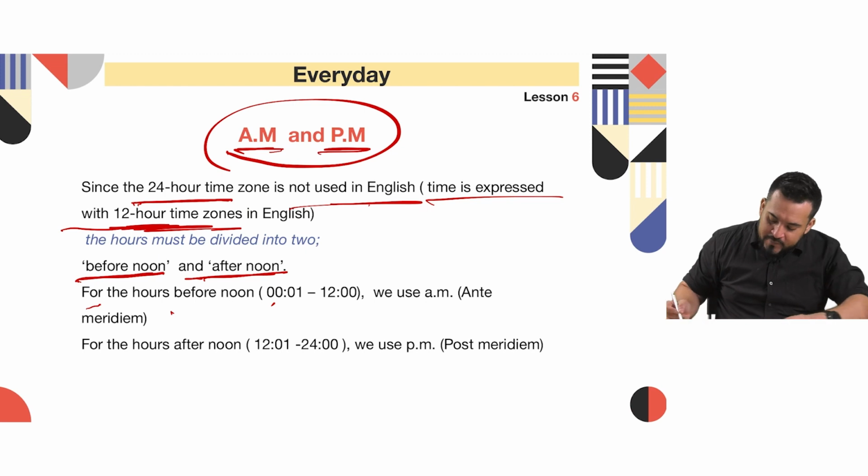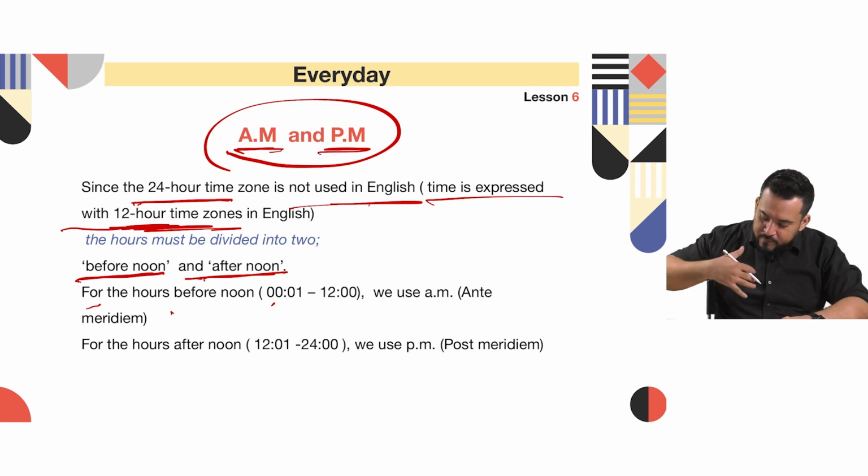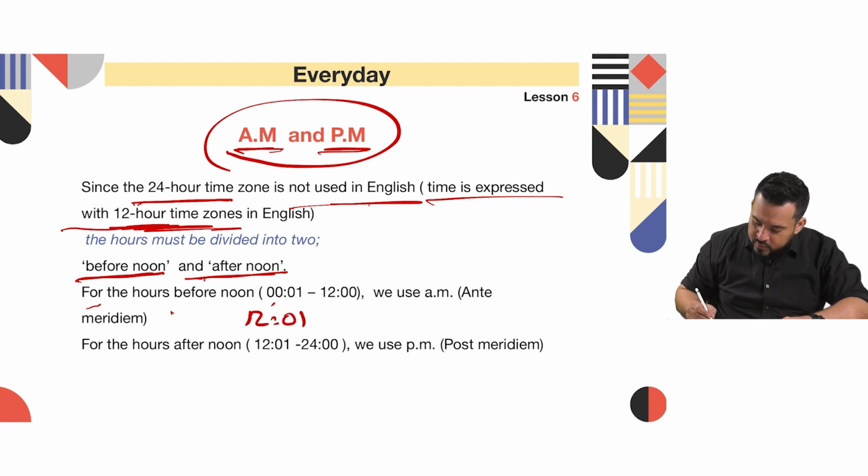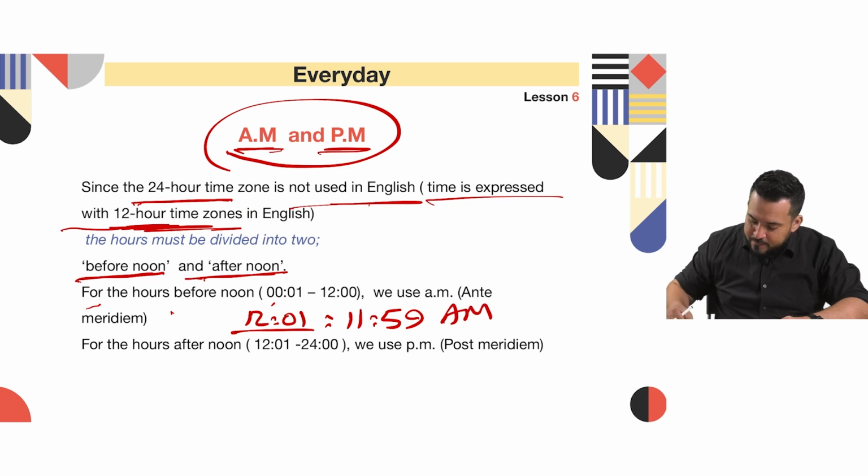So it's from 12:01 until 11:59, it is AM. Okay, what does that mean?